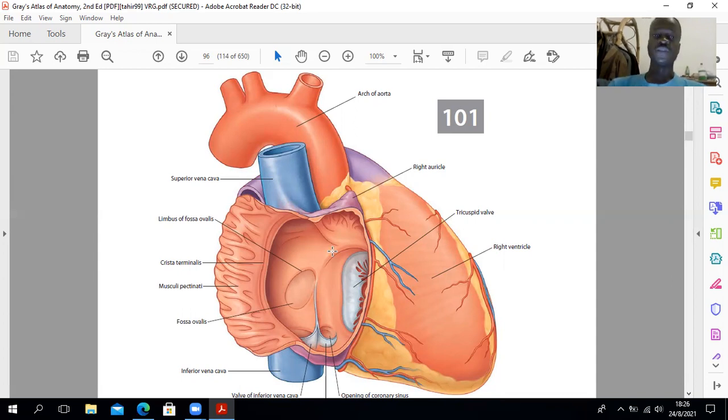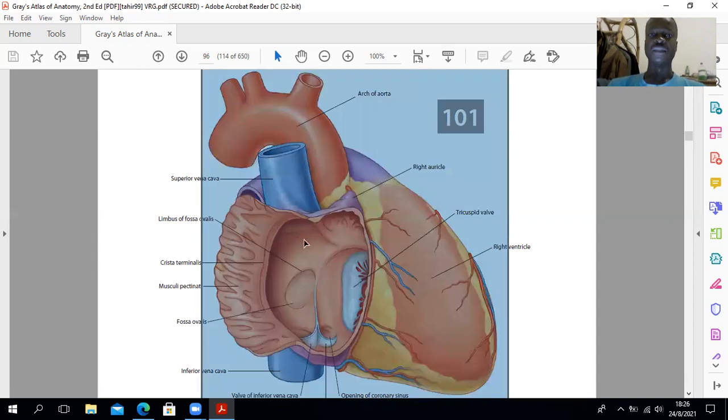Right. So if you then look at this being the right atrium, its interior. It's actually going to have a roughened part, which is this one, which is characterized by presence of this muscular pectinati, and you're then going to have a smooth part. Right.